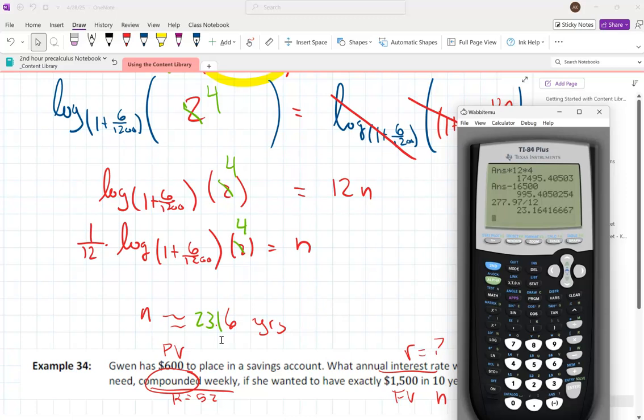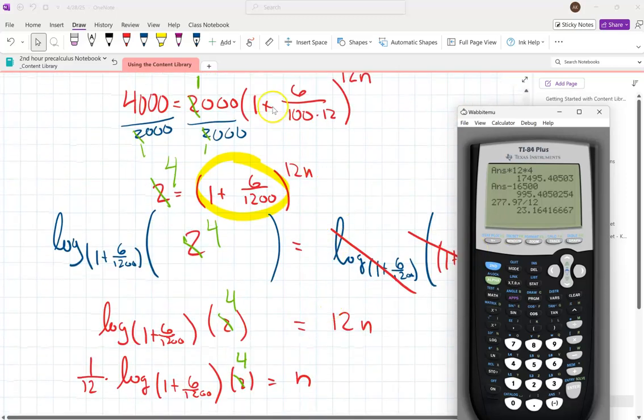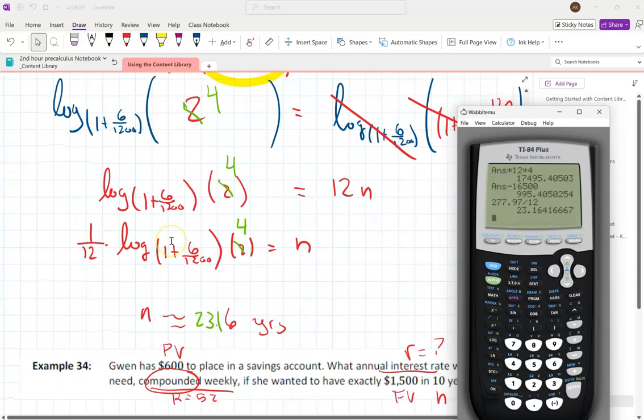Because the cap N is the number of payments or number of compounds that is happening. So I have to convert that back into a time. Since this was happening monthly, that's why I divided by 12. But again, that's probably way simpler than the algebra that we needed to do here, right?